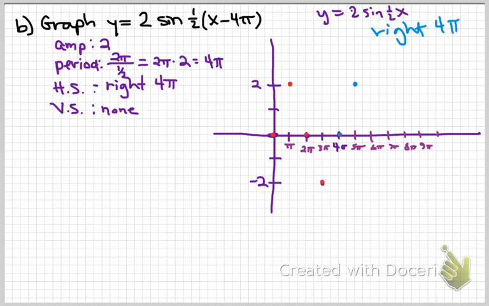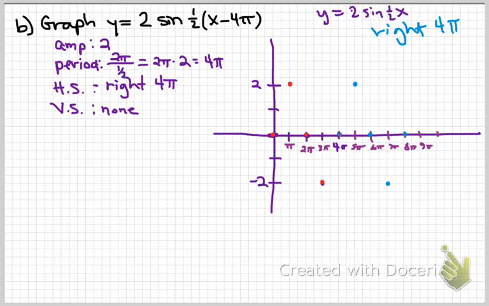The next point, which was at the center line, if I add 4 pi to it, puts it at 6 pi. The one down at -2, if I add 4 pi to it, puts it over at 7 pi. And then that last point, which got covered up by the first point again, was at 4 pi, but shifting it over puts it at 8 pi.